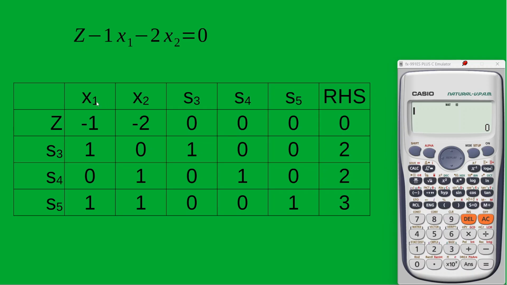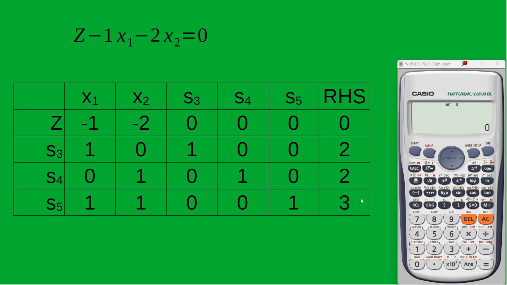The coefficient of x1 in z is of course minus 1, x2 it is minus 2, and the rest are 0. For equation number 1, the coefficient of x1 is 1 and the coefficient of s3 is also 1. The RHS is 2. For equation number 2, the coefficient of x1 is 0 but x2 is 1. S4 also it is 1 and the RHS is 2. And for the third equation, the coefficient of x1 is 1, the coefficient of x2 is also 1 and the RHS is 3.